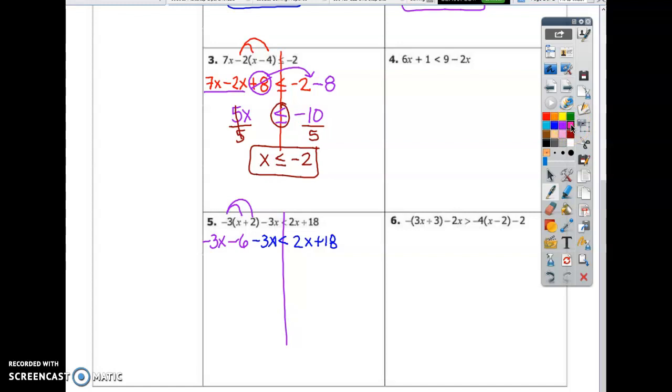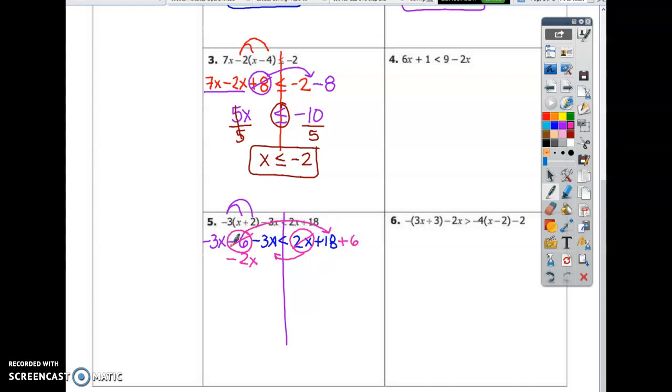Separate, right? The letters, separate them from the numbers. So I want my letters on the left side because I have 2 of them already. So this other one's going to come over here with it. So it becomes minus 2x. Cancel. Then the number is over here by itself, so I'm going to move this number over here and make it a plus 6.